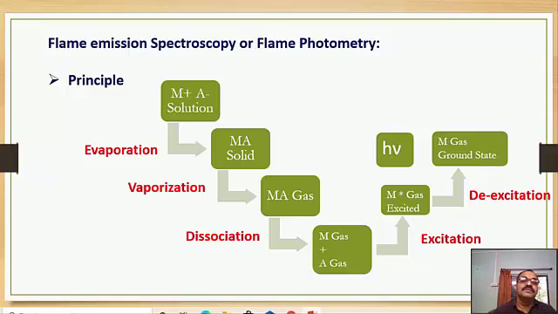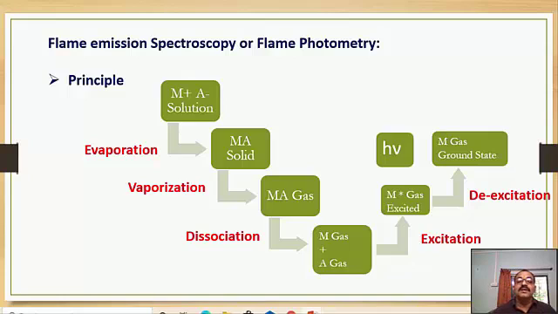The first event is the evaporation of the aqueous solution to form the solid metal salt. The solid metal salt undergoes vaporization to give gaseous molecules of metal salt. Gaseous molecules of metal salt undergo dissociation to give gaseous metal atoms.